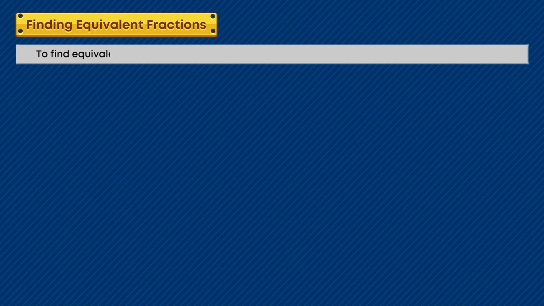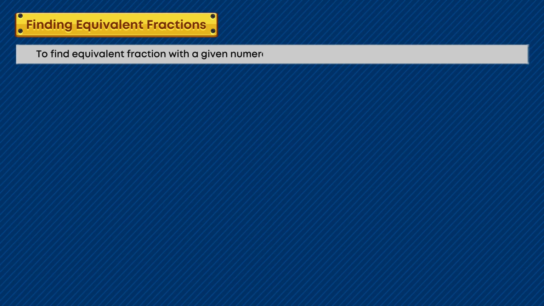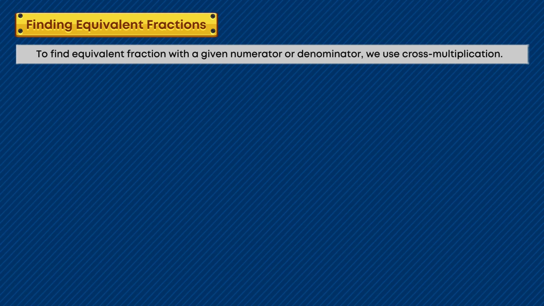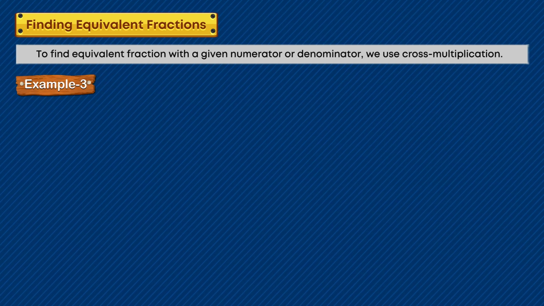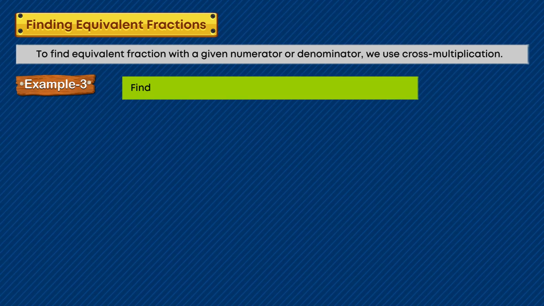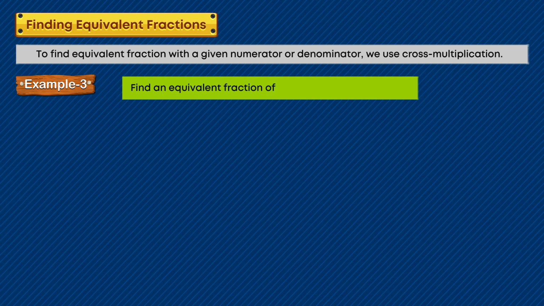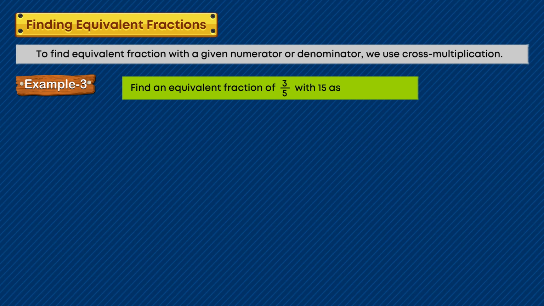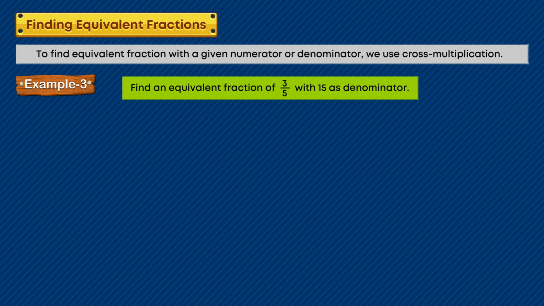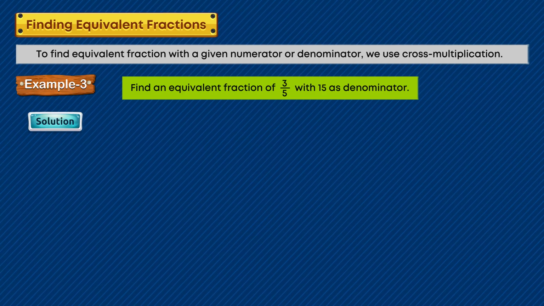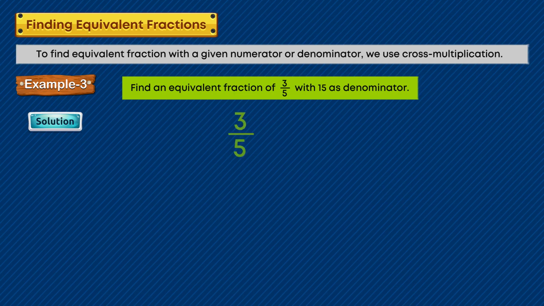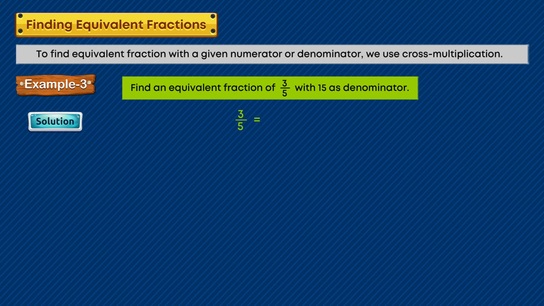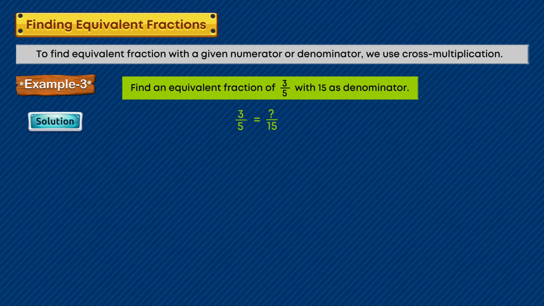To find equivalent fraction with a given numerator or denominator, we use cross multiplication. Example 3. Find an equivalent fraction of 3 by 5 with 15 as denominator. Solution: 3 by 5 is equal to how much by 15?